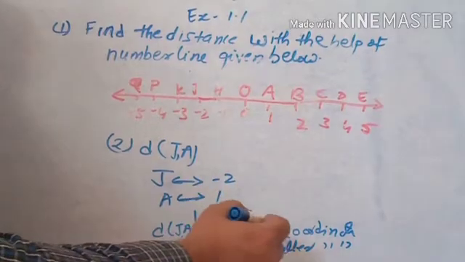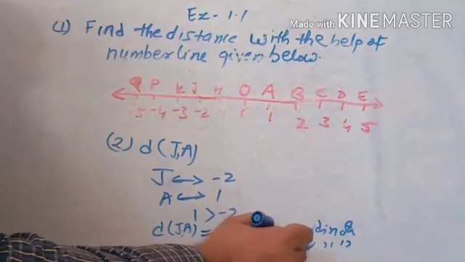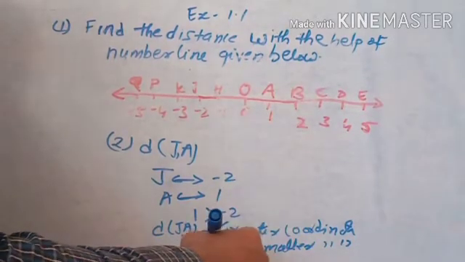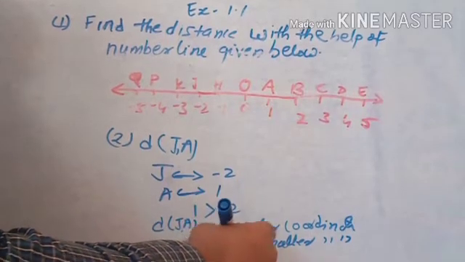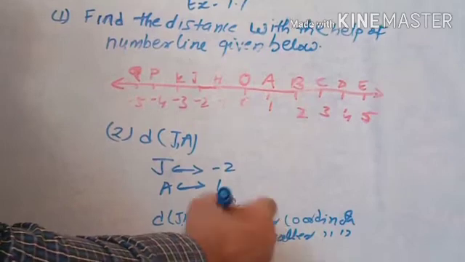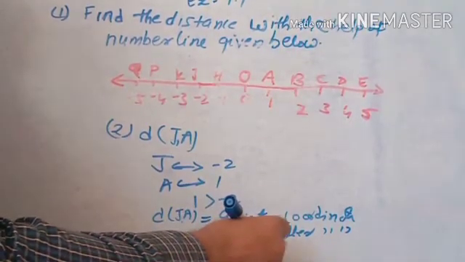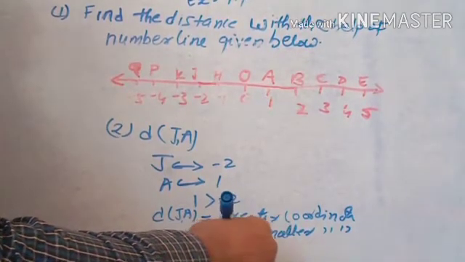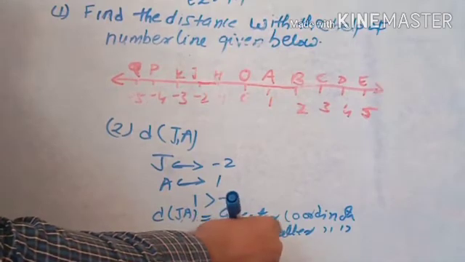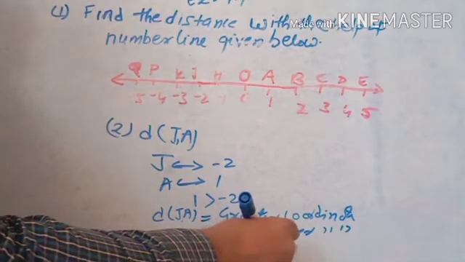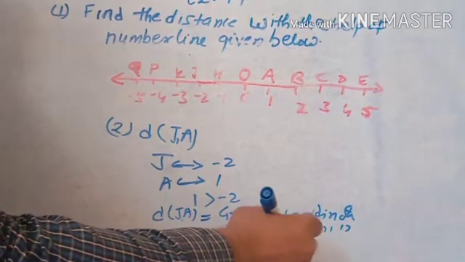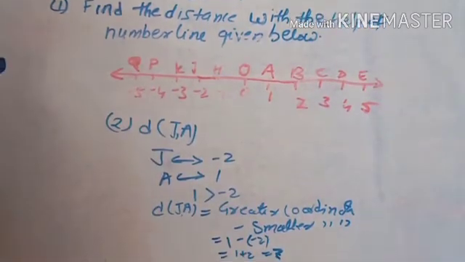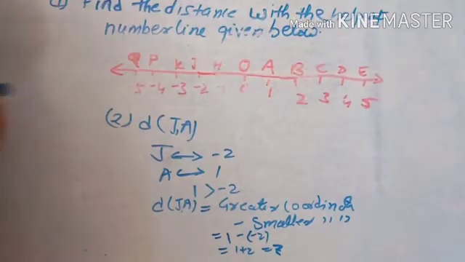Distance JA is equal to greater coordinate minus smaller coordinate. The greater coordinate is 1, minus the smaller coordinate, -2. 1 minus minus 2 becomes 1 plus 2. The answer is 3. The distance JA is equal to 3.